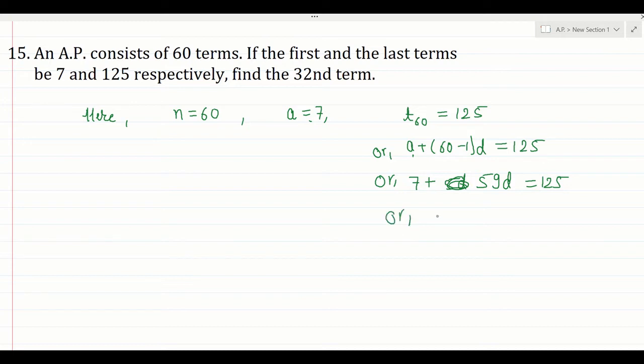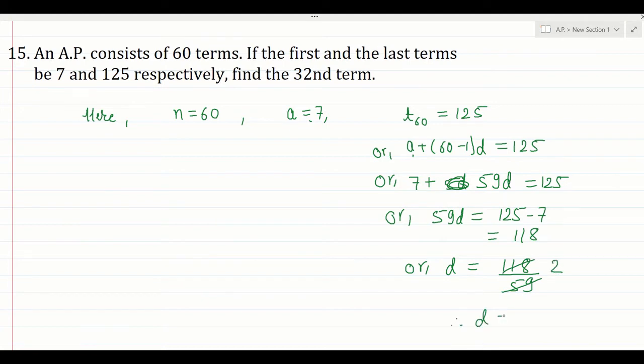Or we can simplify this one. It is 59D equal to 125 minus 7, which is equal to 118. Or D is equal to 118 divided by 59, which is equal to 2. Therefore, D is equal to 2. We have found the value of D.